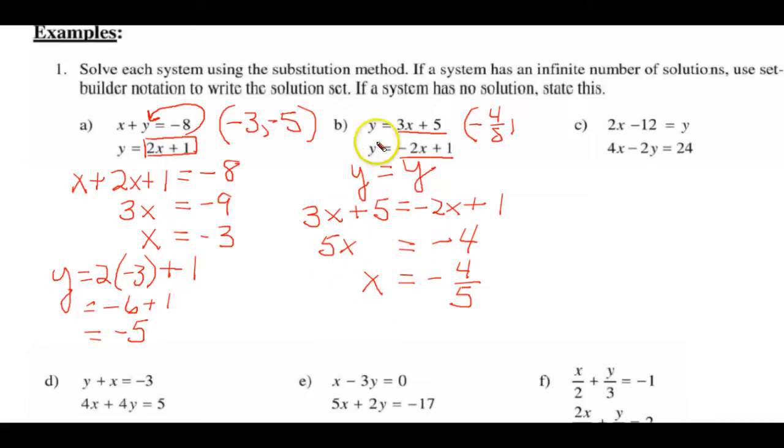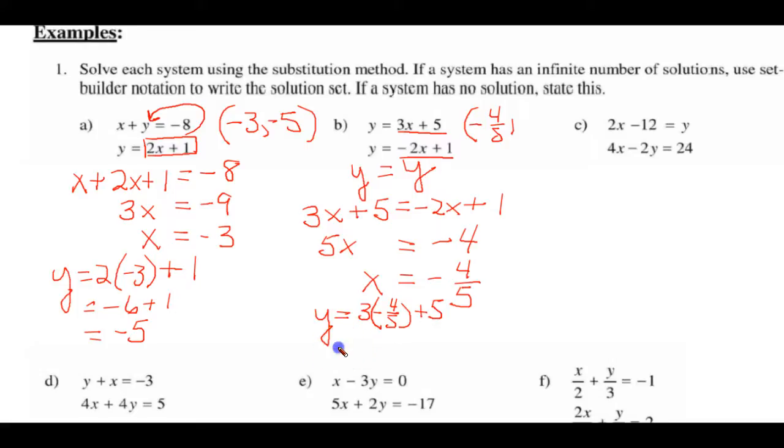Now, for this next one, we can use either of the equations to find out what y is as we substitute the x. So this is y equals 3 times -4/5 plus 5.